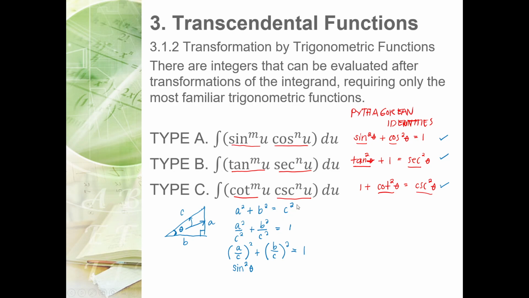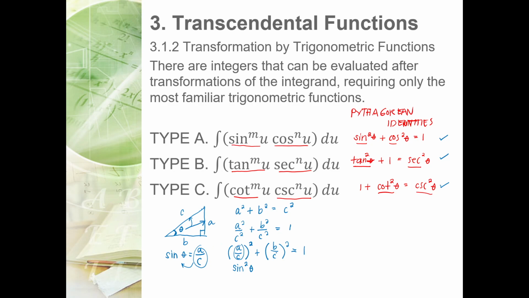Okay, so going back, if we try to determine the trig function pertaining to the angle, sine theta is equal to the opposite side over the hypotenuse, so that's A all over C. Notice that A over C is equal to sine theta, so we can replace this term with sine squared theta, squared because of the exponent outside.